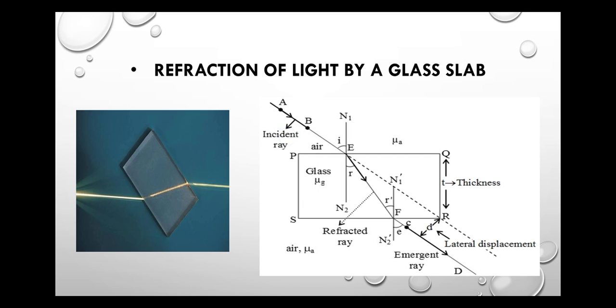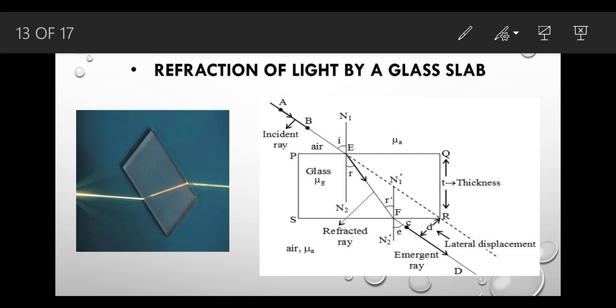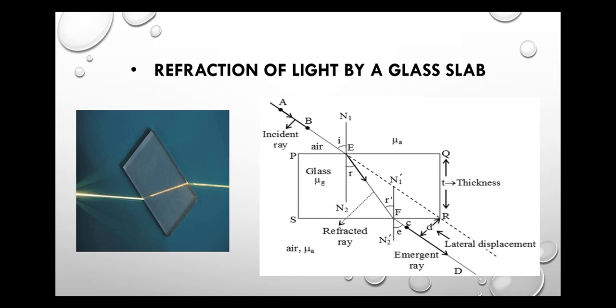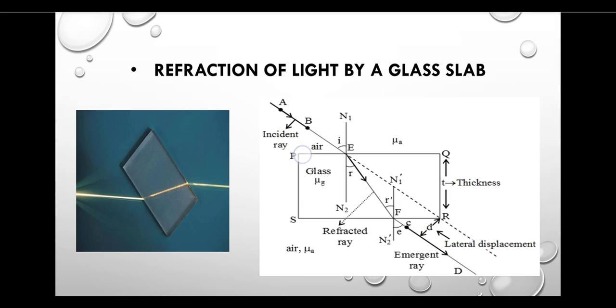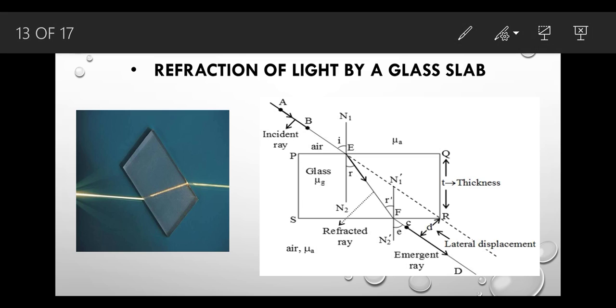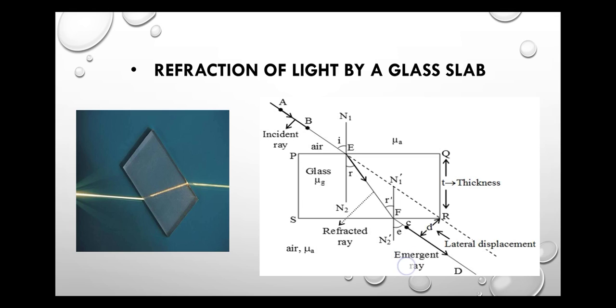The incident ray and the emergent ray are parallel to each other. Again this refracted ray becomes the incident ray for the air, and the emergent ray in the air becomes parallel to the incident ray.